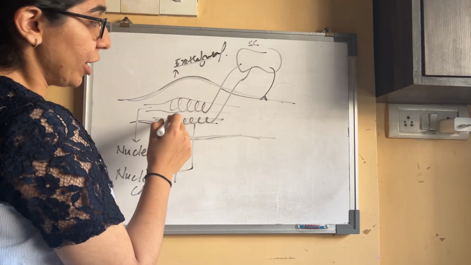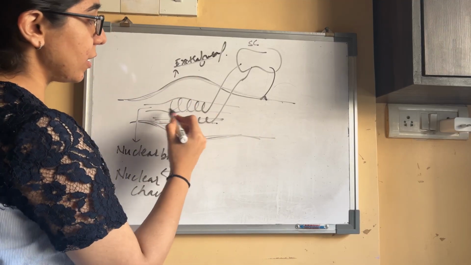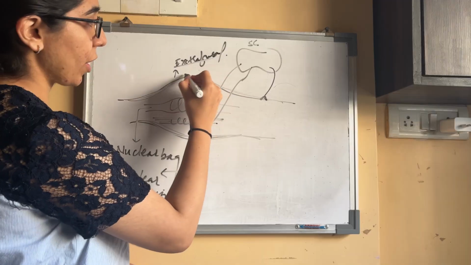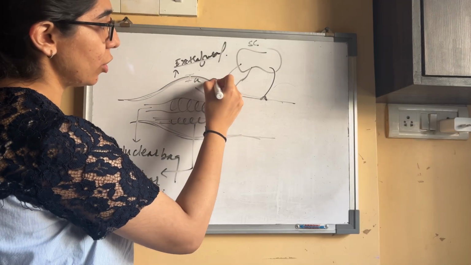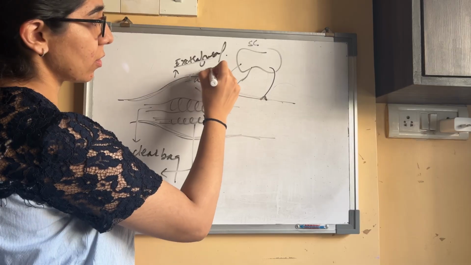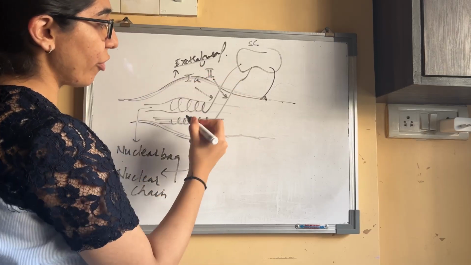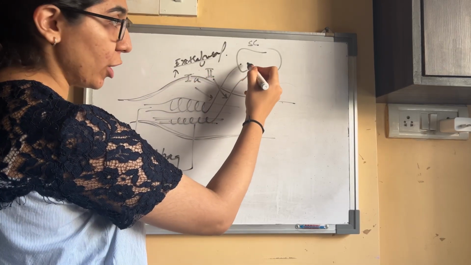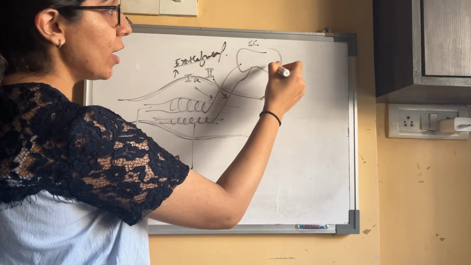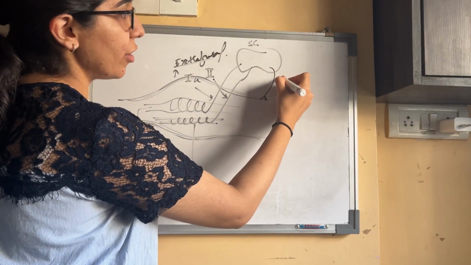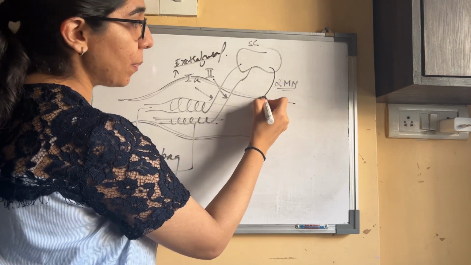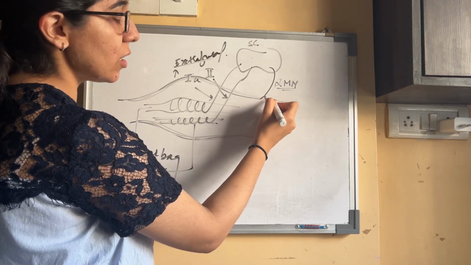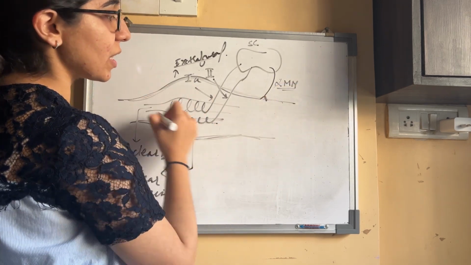So these are the afferent nerve fibers, 1A and 2 fibers. 1A and 2 fibers form the afferent pathway. They reach the spinal cord, and the efferent nerve fibers are the alpha motor neuron. They supply the extrafusal fiber of the muscle that is being stretched.